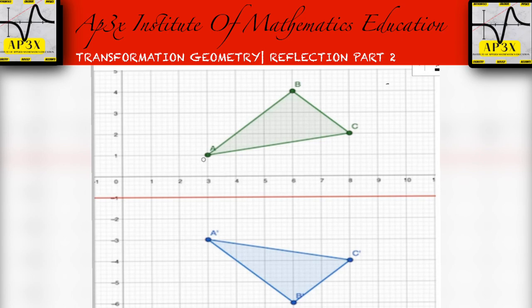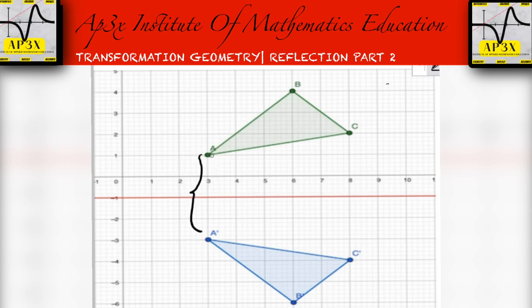A is a mere 1 unit away from the x-axis, but A prime is actually 3 units below the x-axis. So there's no equidistance between the object and the image. That information alone suggests that the mirror line is not in fact the x-axis. So what you can do is count the distance between A and A prime.